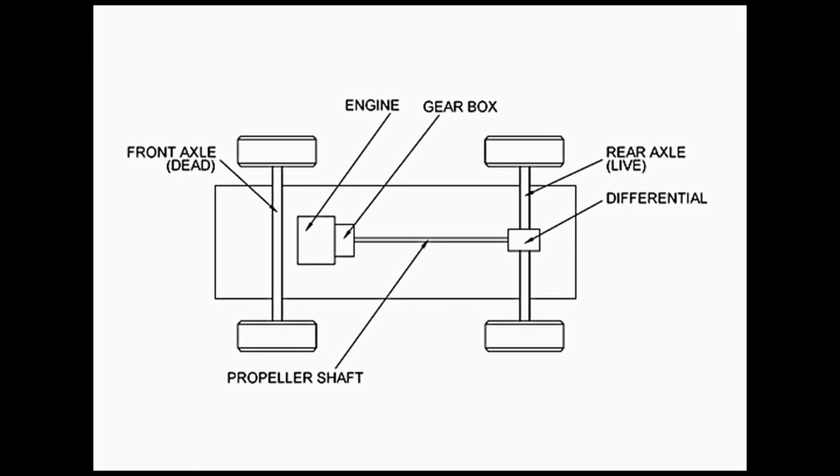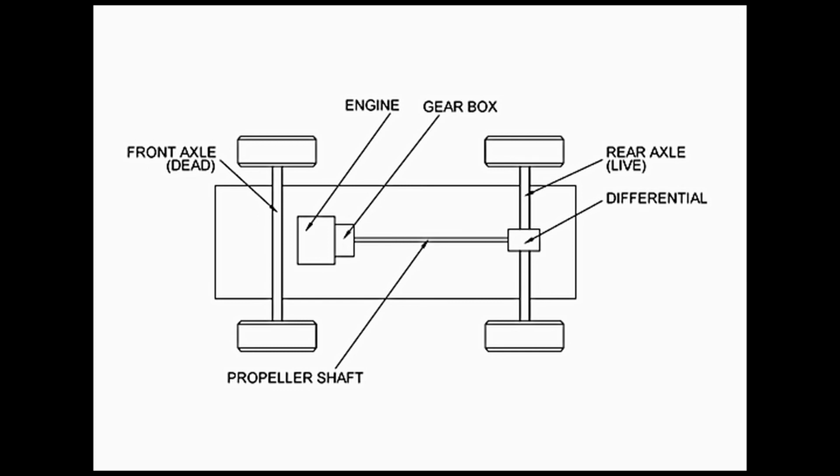Then we have the propeller shaft. Now this can be said to be the most significant component of the transmission system. In any vehicle, particularly heavy vehicles, you can very well notice it. It is a very long shaft.